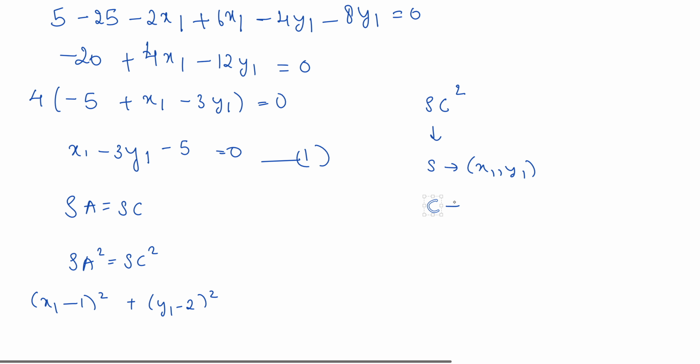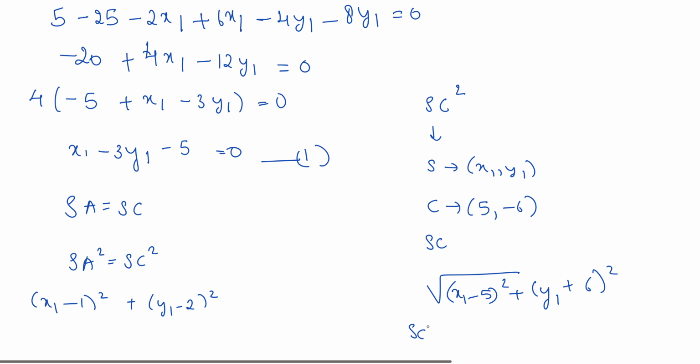C is (5, -6). Now SC is the square root of (x1 minus 5) whole square plus (y1 minus of minus 6, which is plus 6) whole square. Now for SC square, I am putting the square here itself.